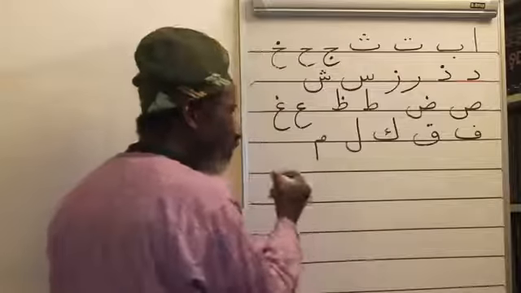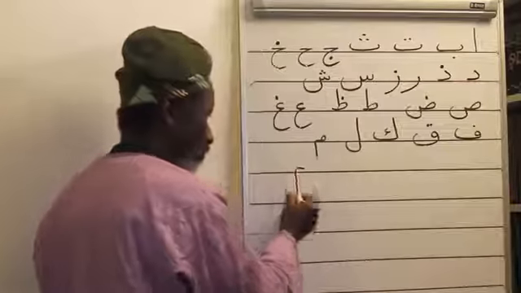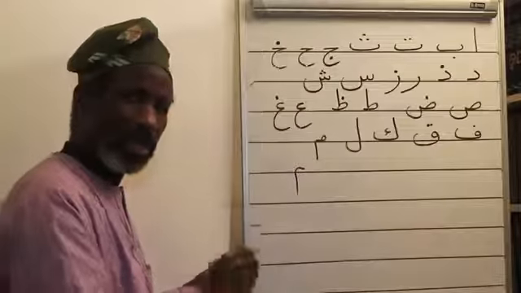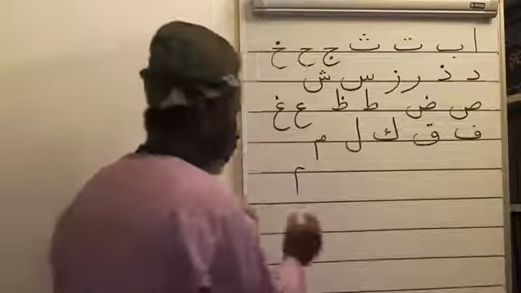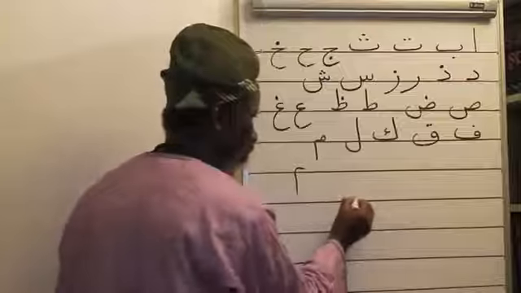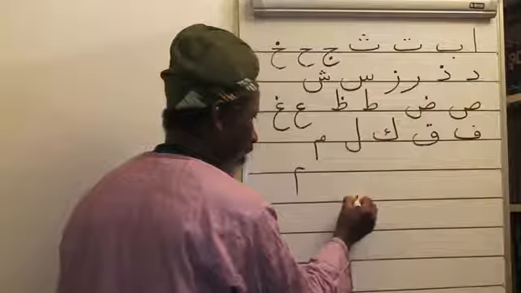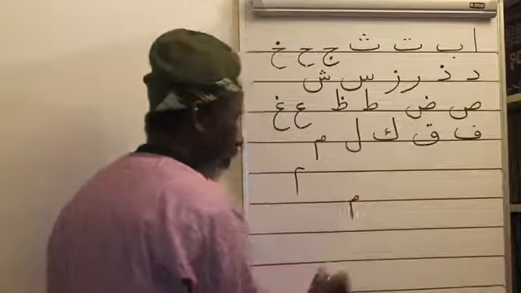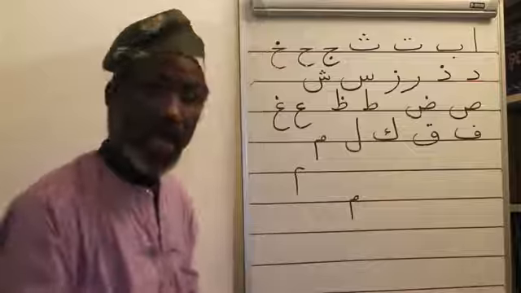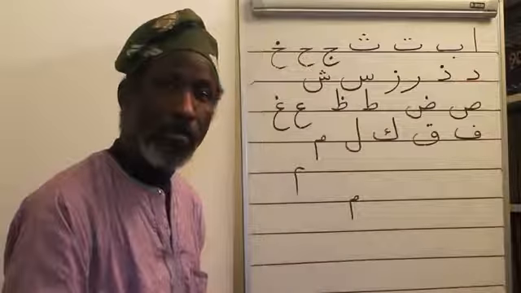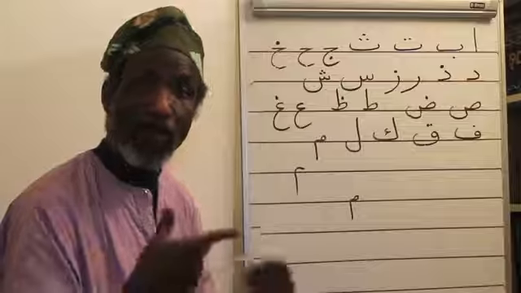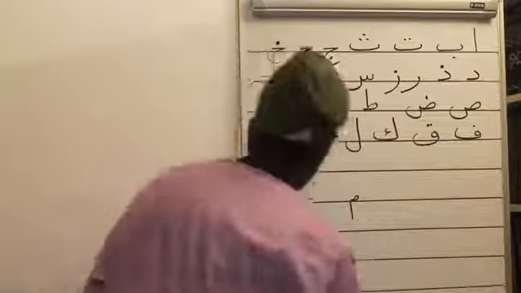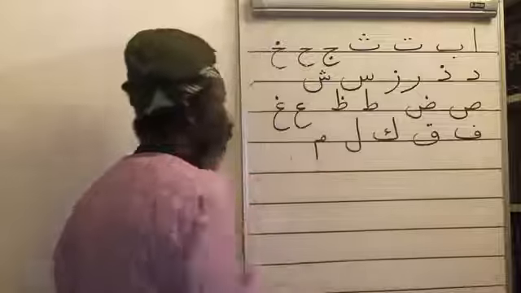The last movement is the drop, except that you are starting from the top, doing the head first. One more time: you go right, clockwise, and drop, and that's your Mim. That's like M-E-E-M. So we have Lam, Mim.